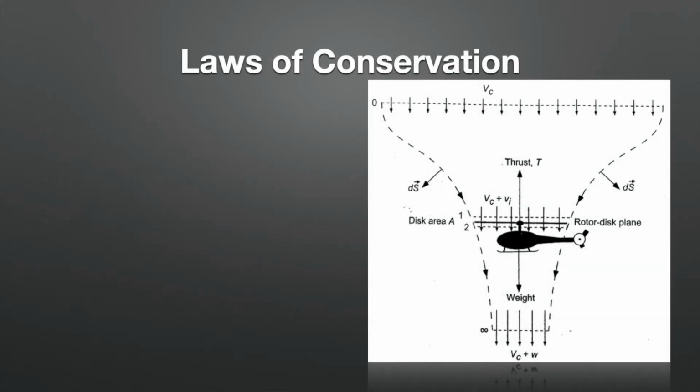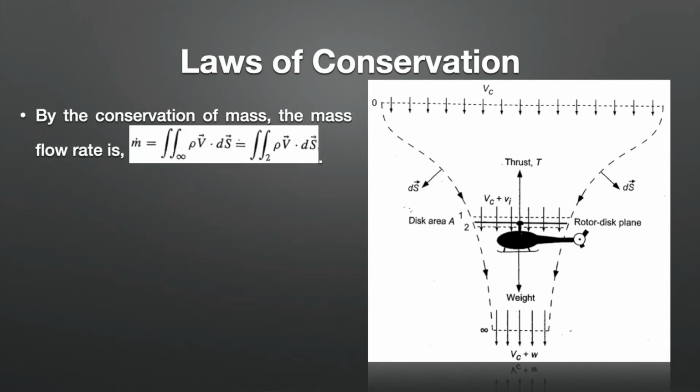Coming to the laws of conservation, that is, conservation laws of aerodynamics. By the conservation of mass, the mass flow rate is constant within the boundaries of the wake, that is, at the bottommost region. So the mass flow rate m dot is equal to double integration at the wake of rho v into ds.